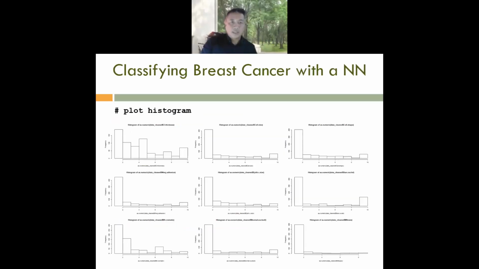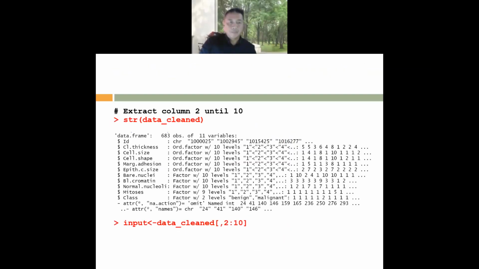This is just to look at the distribution of the data for each column. And this is just to look at the structure of our table. By the way, we only extract the second up to the tenth column, because the first one we don't need and the last one is the class label.